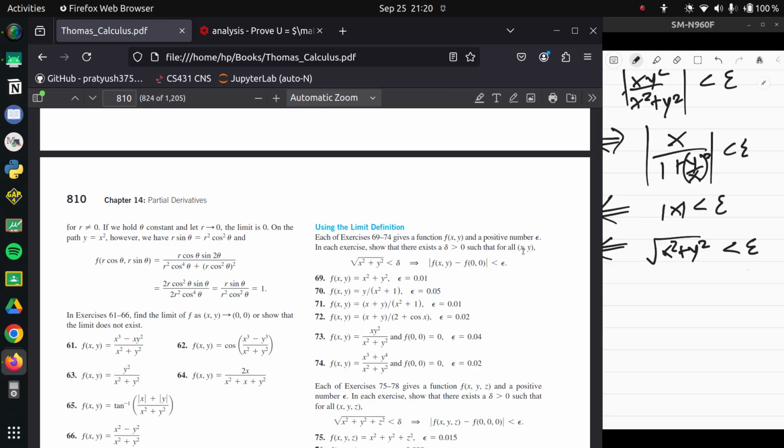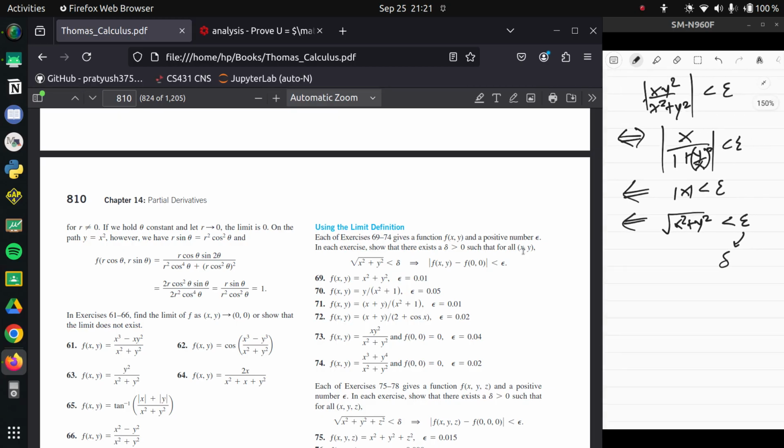That means that you can just set this to be delta. Cool. Yeah, this was actually much easier than what I thought. Or if you had to do it in more steps, this would be like... I don't know if the reverse implication is an actual thing, but I'm just using it like that.